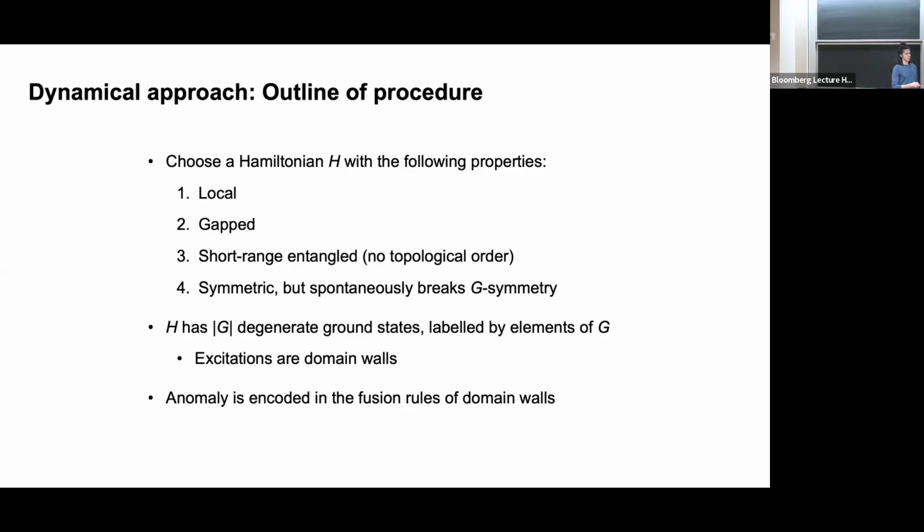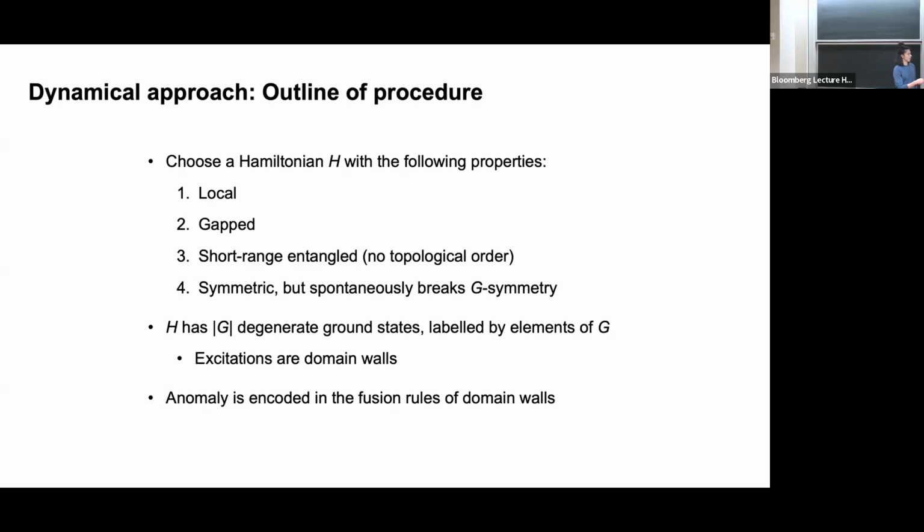Because the symmetry is completely broken spontaneously, there will be order G generic ground states, which we are free to label by elements of the group G itself. The elementary excitations of the Hamiltonian will be domain walls that interpolate between two distinct ground states. As I mentioned, the basic idea is that the anomaly is encoded in the fusion rules of these domain wall excitations.